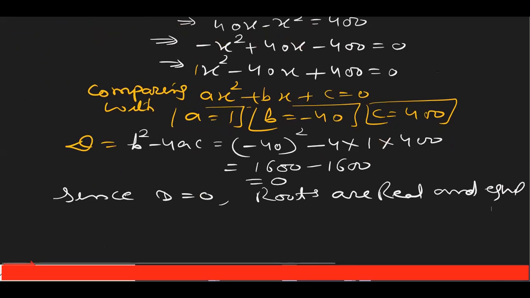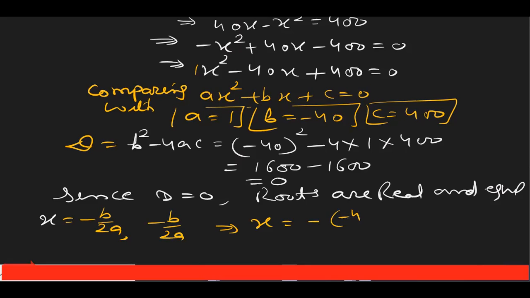When roots are real and equal, then roots are given by x is equal to minus b upon 2a, and other root is also minus b upon 2a. So x is equal to minus b, that is minus 40 upon 2, that is 20. Other root is also 20.